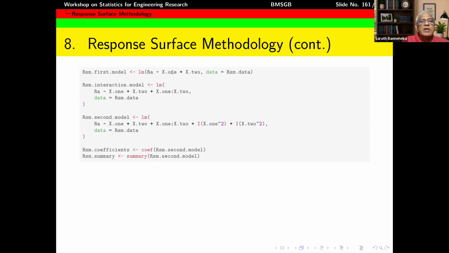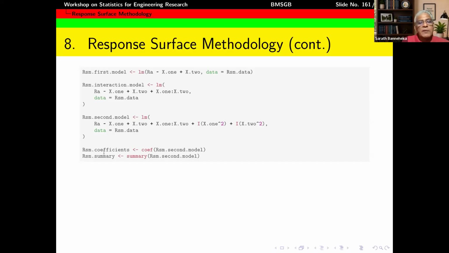So that means the X1 and X2 product term is included in addition to this. And also I consider the full model with the quadratic terms also. That is called the second model, RSM second model. So here I put the coefficients in the second model in a vector called RSM coefficients.